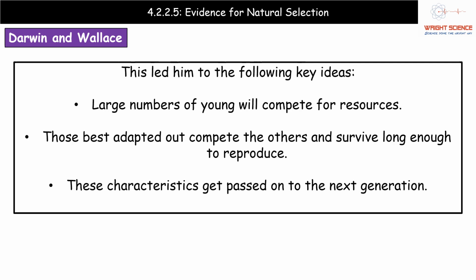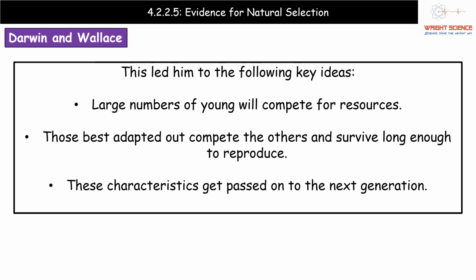The explanation that he went for was, despite the fact that there are large numbers of offspring being produced, the fact that the population remains pretty stable must mean that out of those large numbers of young, they've got to compete for those resources.